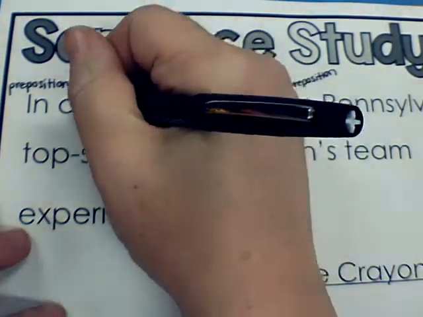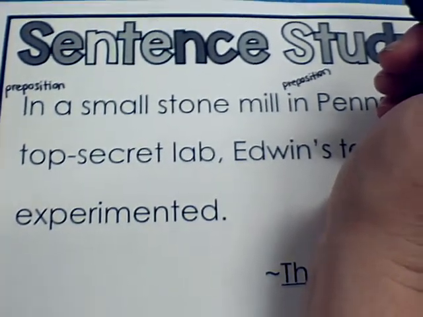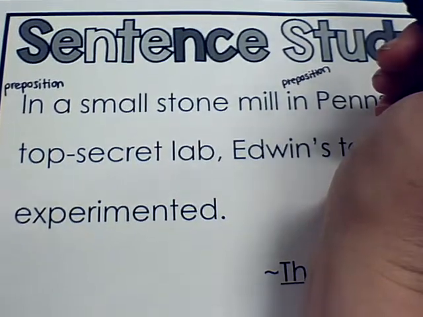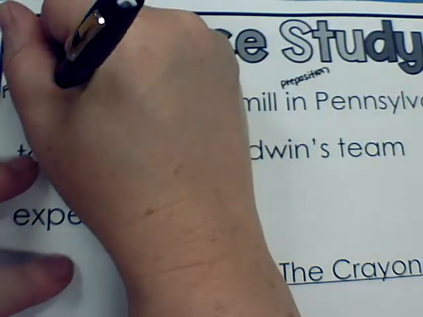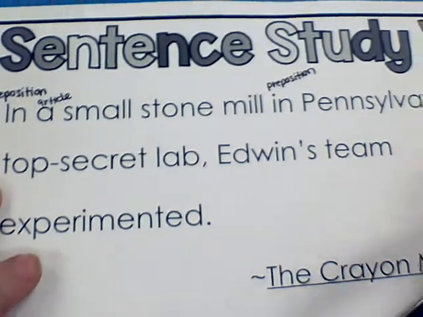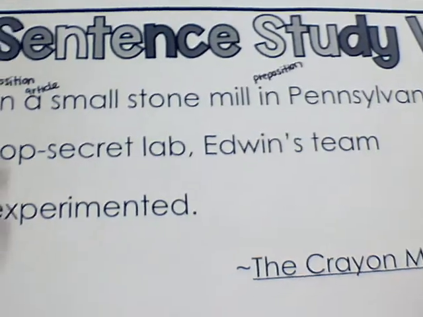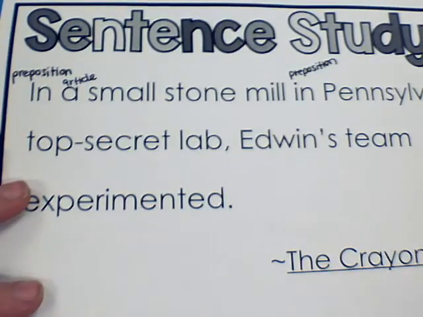Okay, so the word a is that short word that has a purpose, but it's also really kind of meaningless, and those are called articles. And we have a over here too. So then we have in a small stone mill.